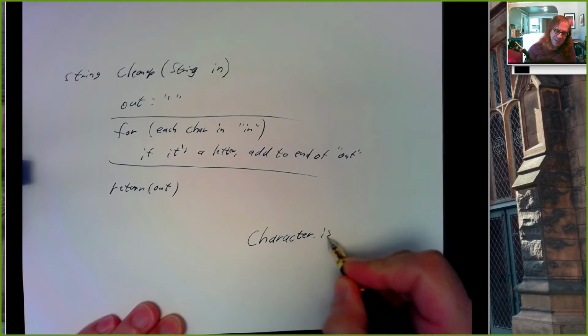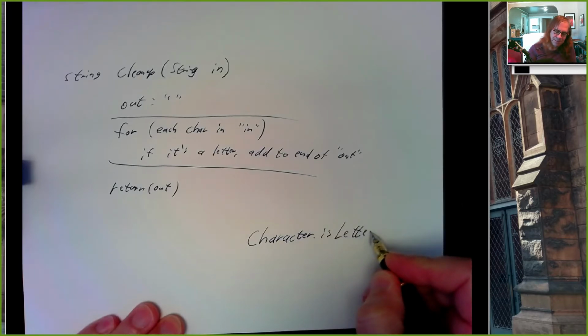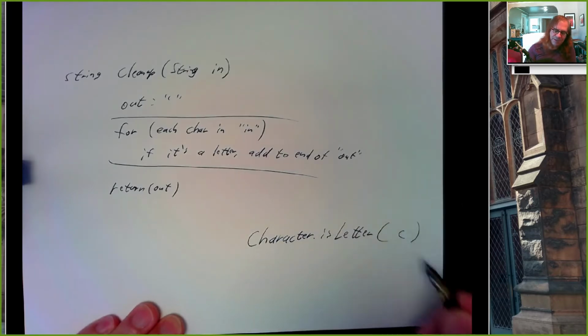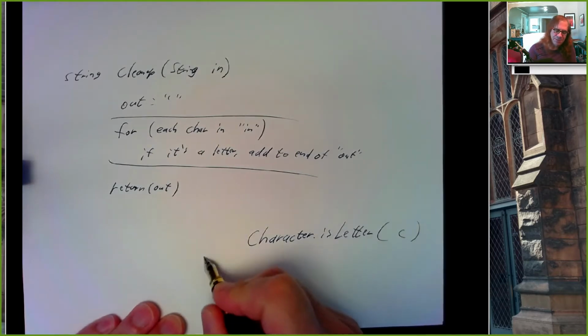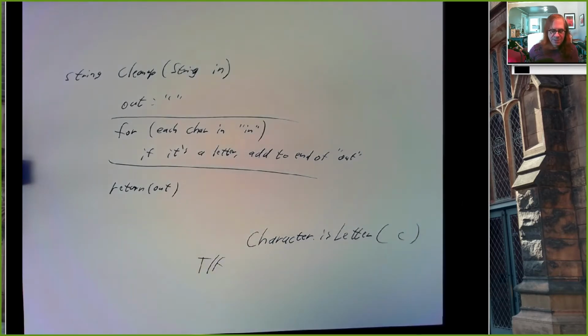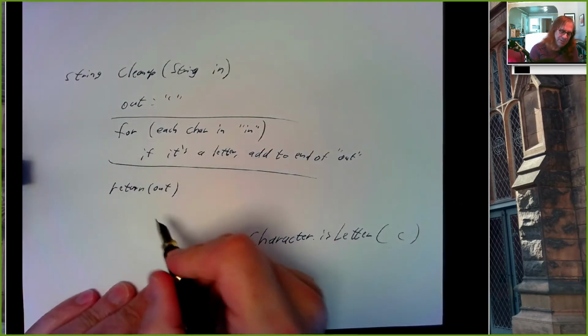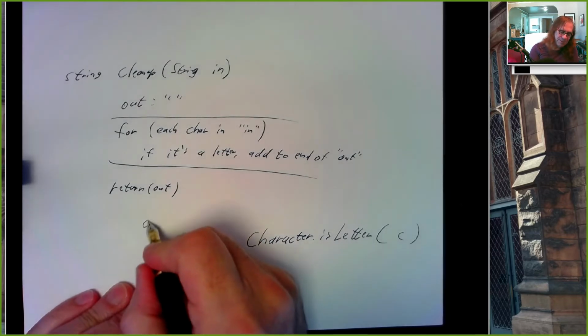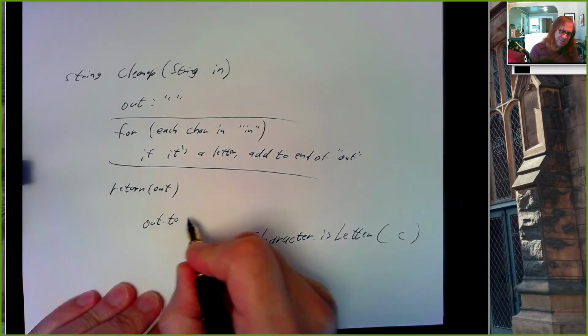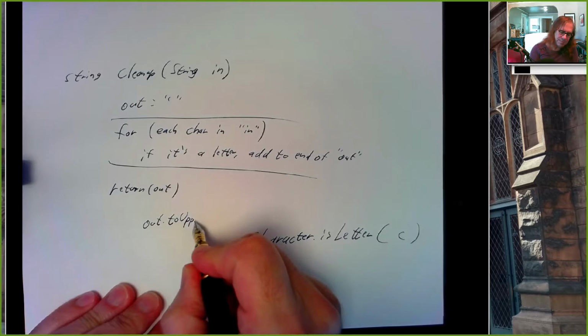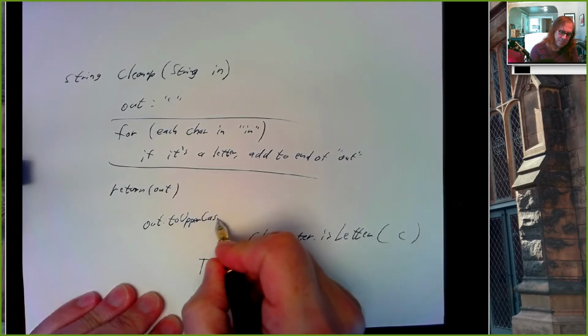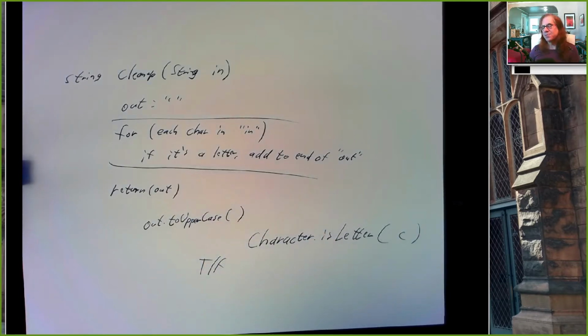So Character.isLetter, and you can put a character in there, and this returns a true or a false. So you can use that, and then you can append it to out, and either turn it into uppercase when you append it, or if out is a string, you can return out.toUpperCase(). And that gives you an uppercase version of the word.